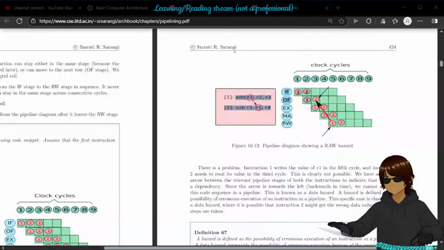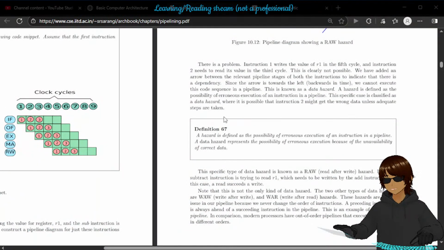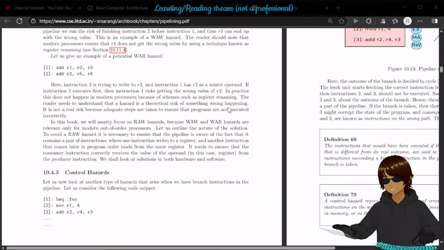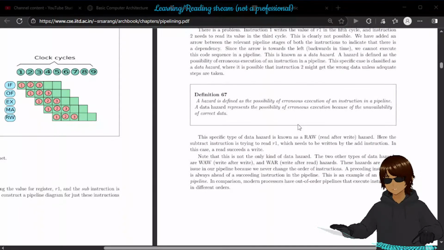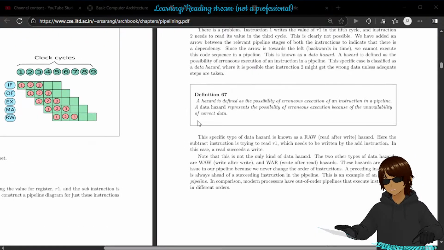So this type of error is called read after write. Where did it go? I did this last stream. A hazard is defined as the possibility of erroneous execution of an instruction in a pipeline. This specific type of data hazard is known as read after write hazard.